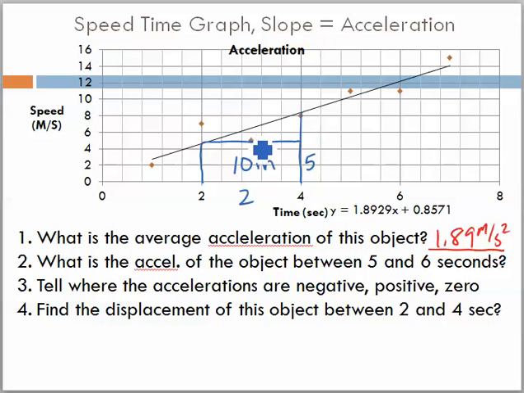Again, it has a base of 2, and its height is from 5 up to approximately 8, so it has a height of 3. Once again, I'm using estimates to give us a rough idea, but that would be 2 times 3, which is 6. Half of a triangle is 3, so this has a displacement of 3 meters. So our total displacement between these places is 13 meters.